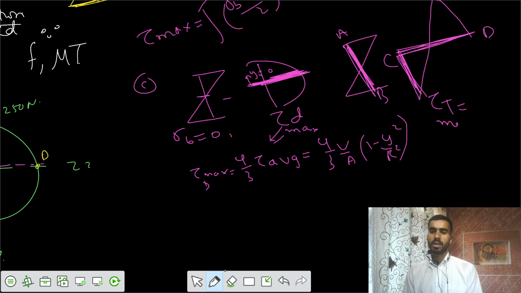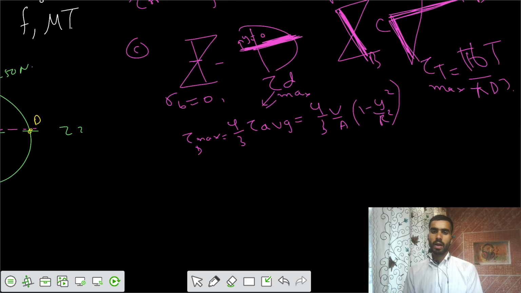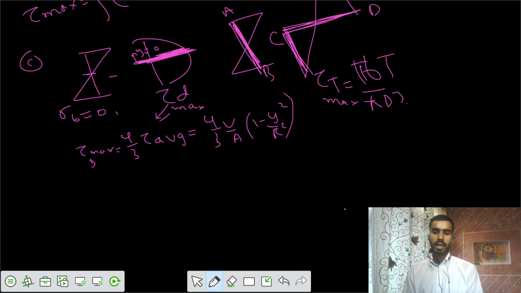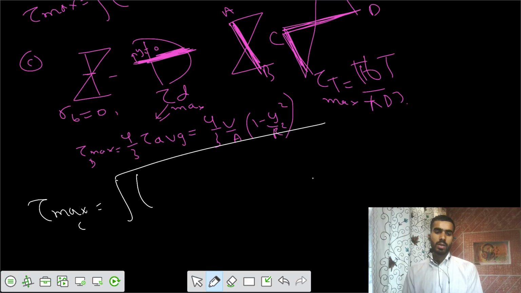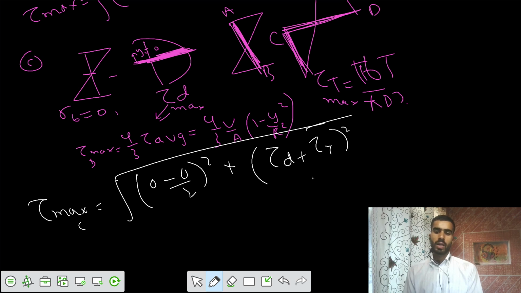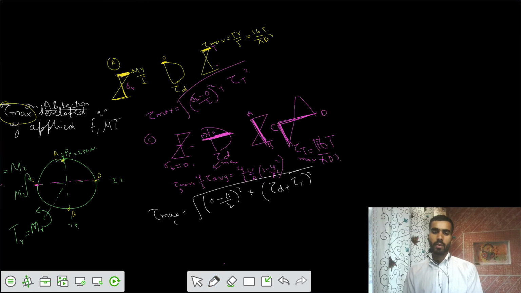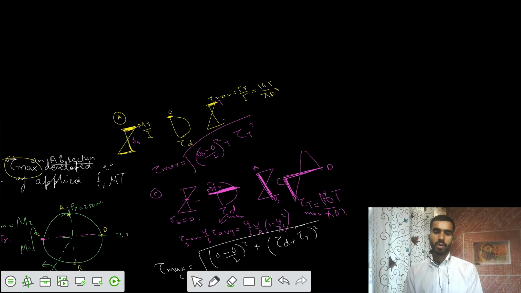That's also TR by J, 16T by pi d cube. So we have bending stress 0. So I can write now, tau max here would be equal to the square root of 0 minus 0 by 2 whole square plus the summation of tau d plus tau t whole square. So I got the summation of those. I want to see which one of these is the maximum value.